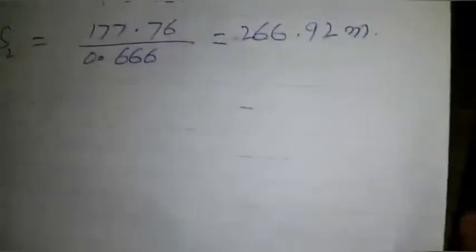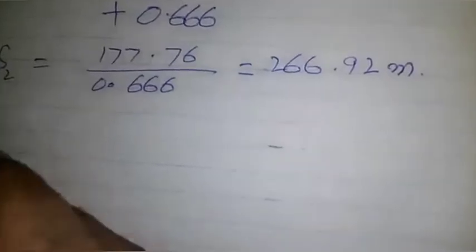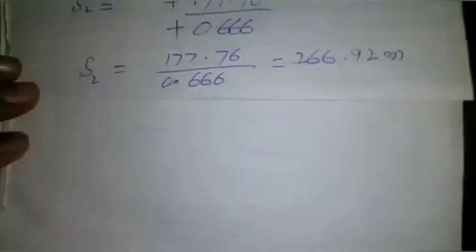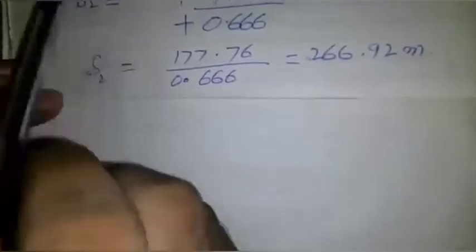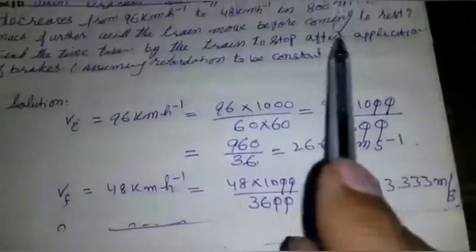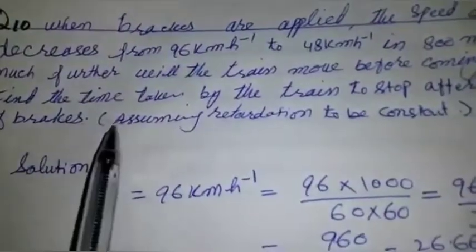Now we are using first equation of the motion to find the time. Now we have found S2, and now its third part is to find the time taken by the train to stop after application of brakes.